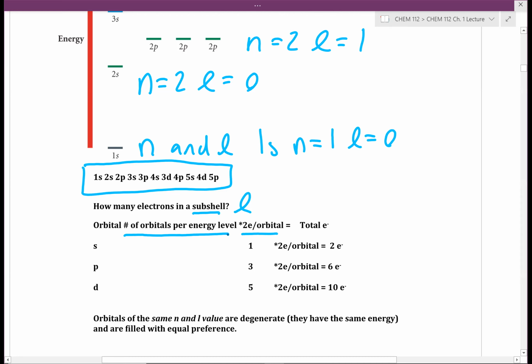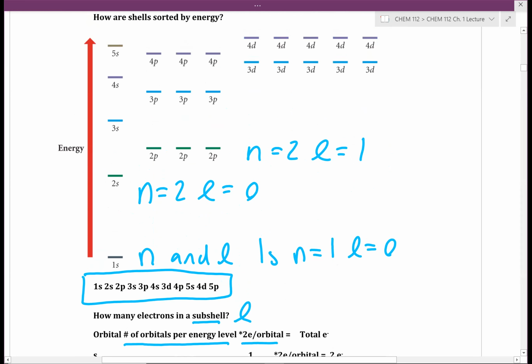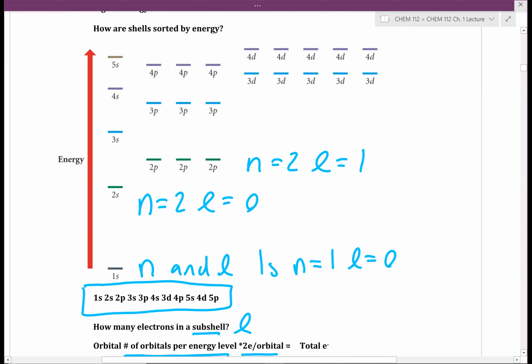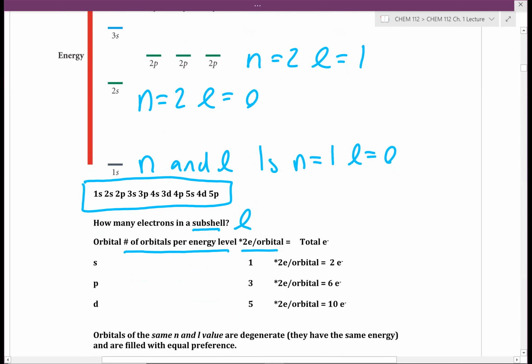So the reason why I have this picture is it shows us exactly how many orbitals for a given l value. So for l equals 0, for our s orbitals, how many orbitals, as we discussed previously, do we have? 1, right? We see 1 blank space for our 1s orbital. We have 1 unique orbital. So then, for our s subshell, we have 1 orbital times 2 electrons per orbital. That gives us 2 electrons per s block.